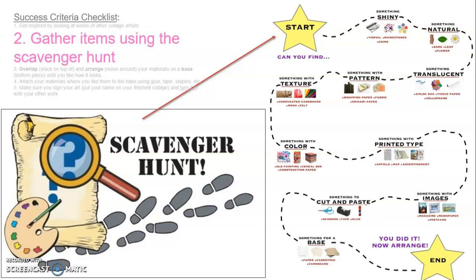For example, if you do not have anything shiny like tinfoil or rhinestones, you could always try to find 2 of the next category, which says something natural. So again, I could skip the something shiny and grab 2 natural materials like a flat piece of bark and a leaf. And once you've gathered all items from the scavenger hunt list, you can move on to your next success criteria from the checklist. Let's take a look and see what that is.